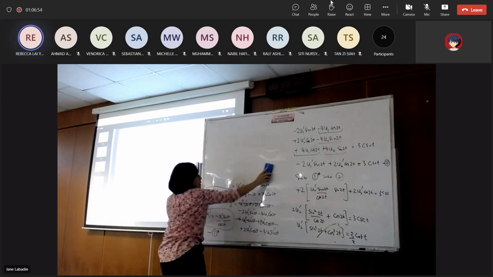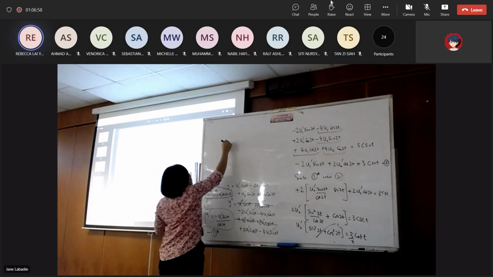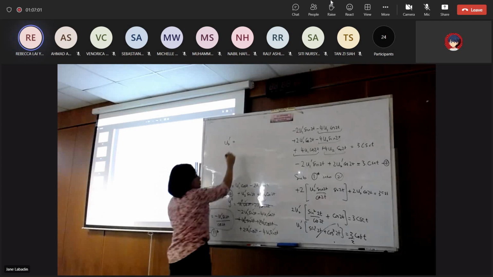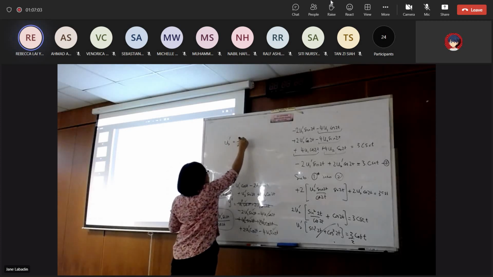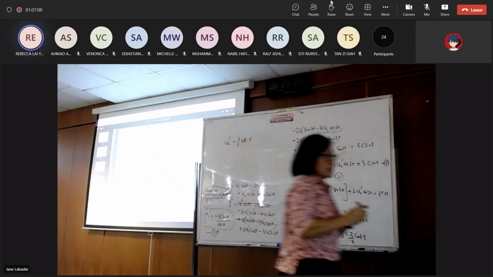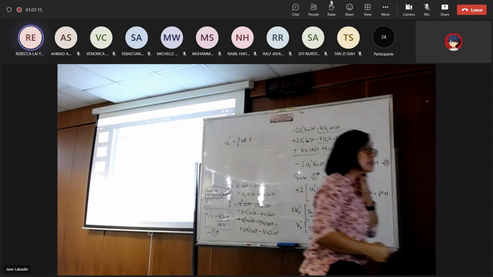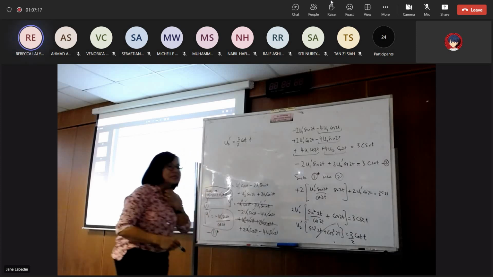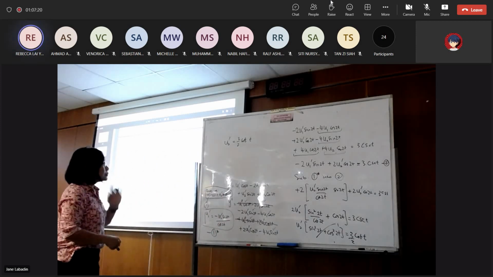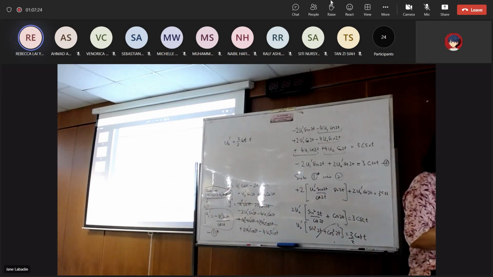Let us see. My u2 prime is equal to 3/2 cotangent t. Cos over sine is cotangent, right? But why do they have a u1 prime there?